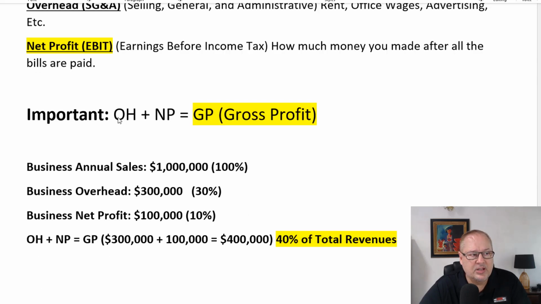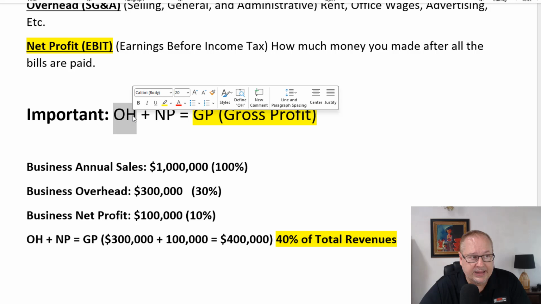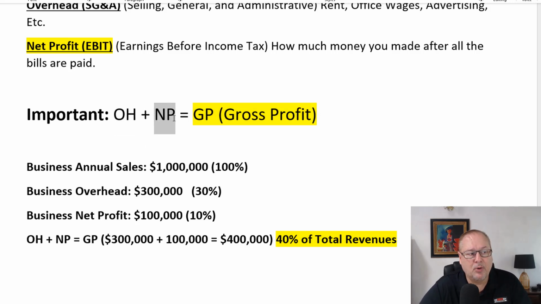And so it's important to understand that your overhead, that's all the bills in the office, plus your net profit, that's what you got left over after all the bills are paid, equals your gross profit.